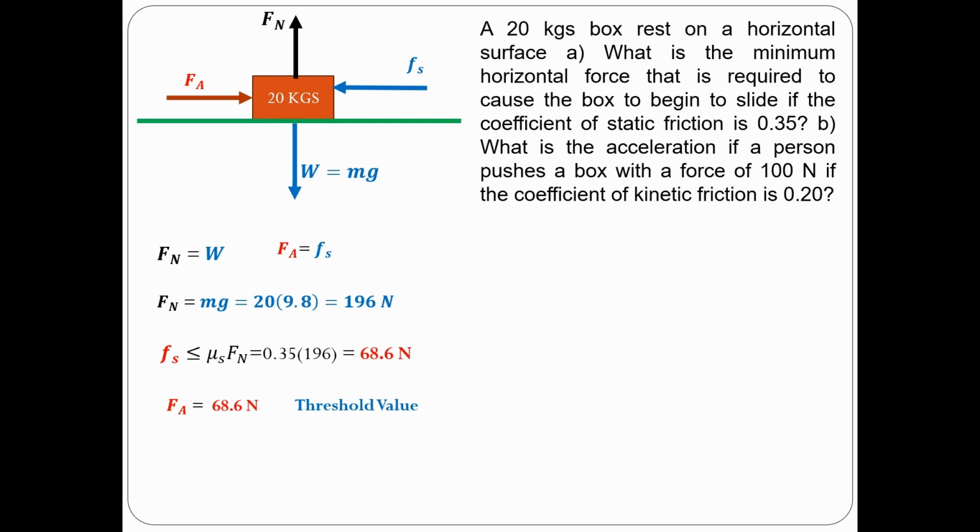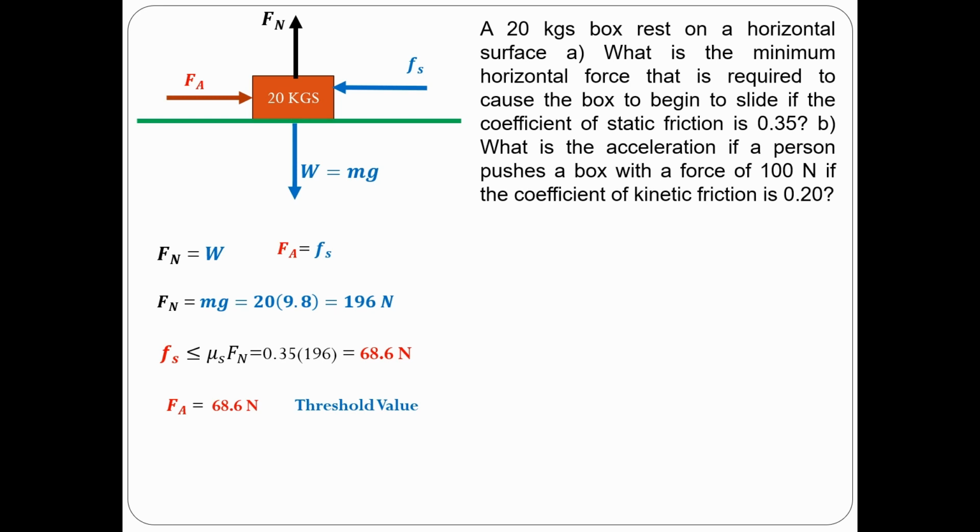For question B, you will notice that the given applied force of 100 newtons is greater than the static friction force of 68.6 newtons. What does this mean? It means that the box is moving or sliding to the right direction and it will accelerate.